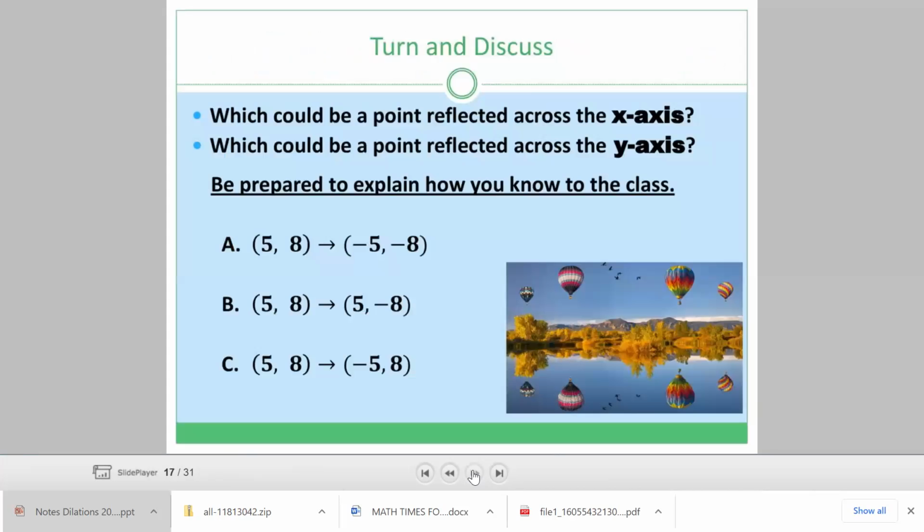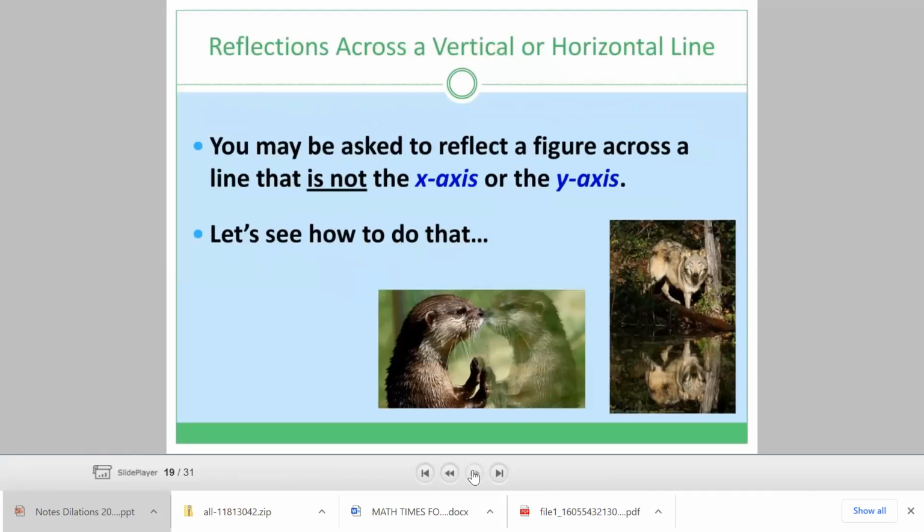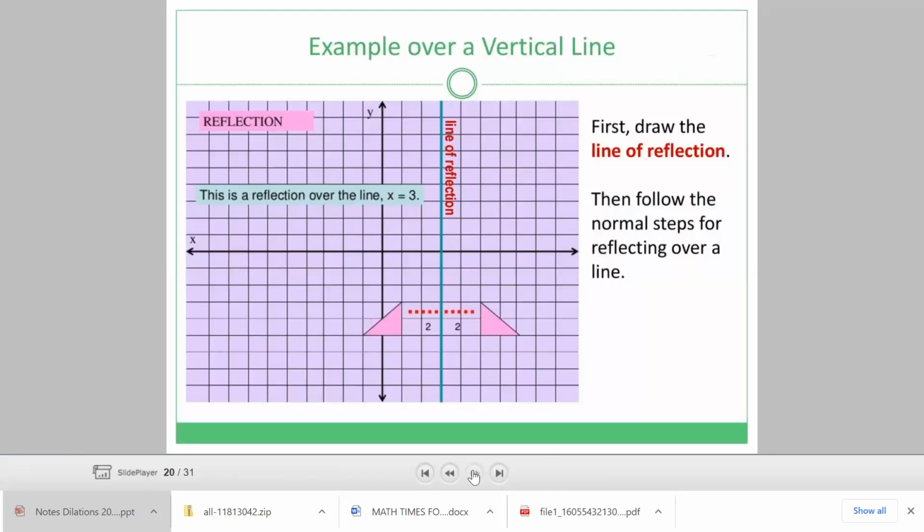Yes, Miss. All right, so we are going to what we really had to do today, which is describing the reflection. Now, when we describe a reflection, we have to say, first of all, that it is a reflection.